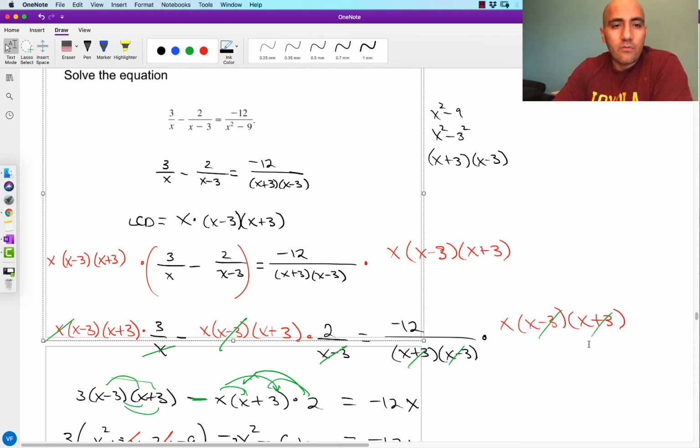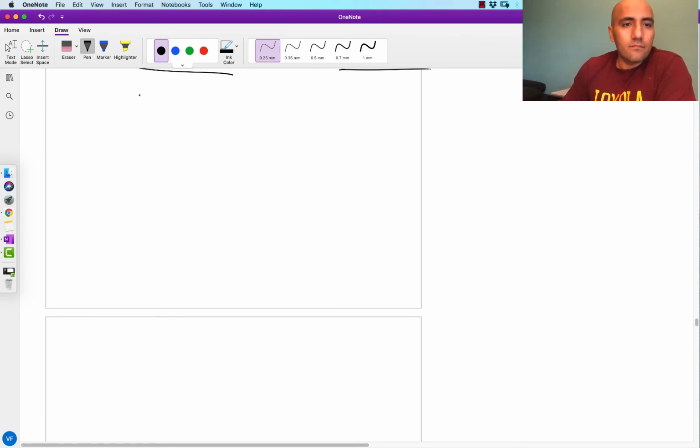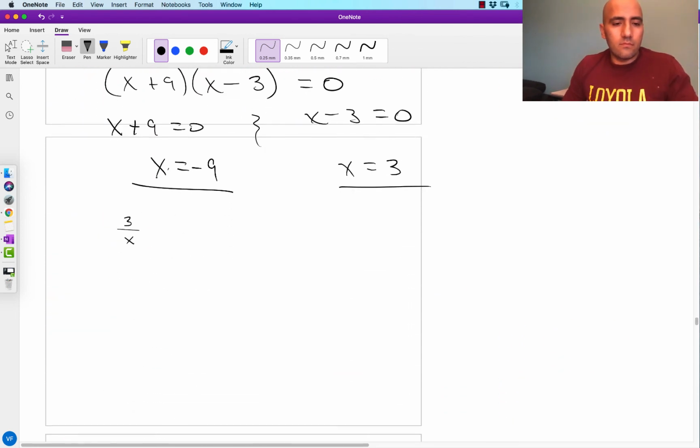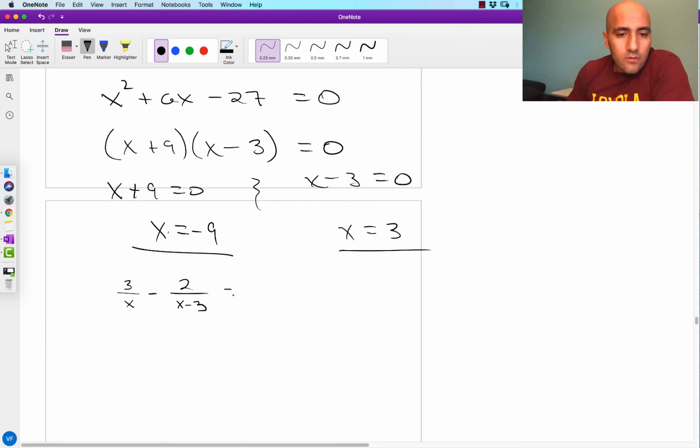So we have 3 over x minus 2 over (x minus 3) equals negative 12 over x squared minus 9.